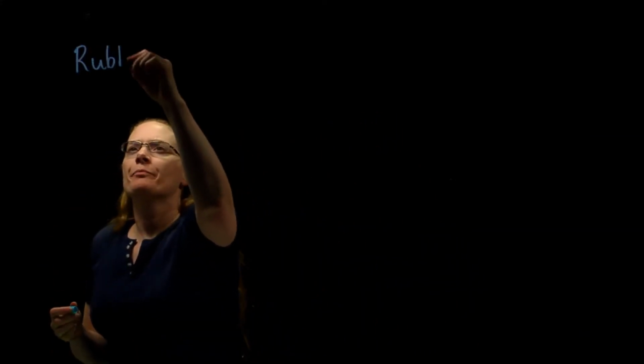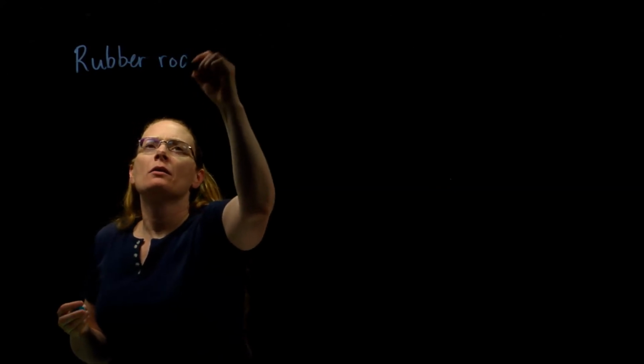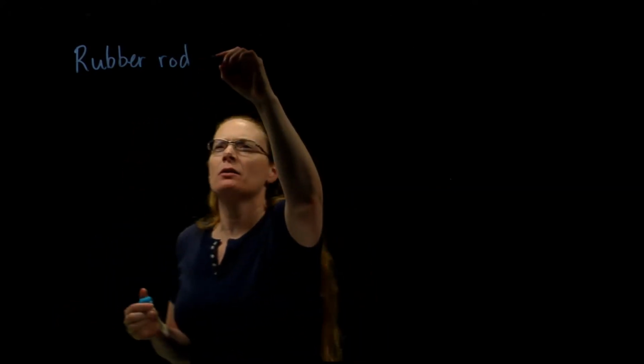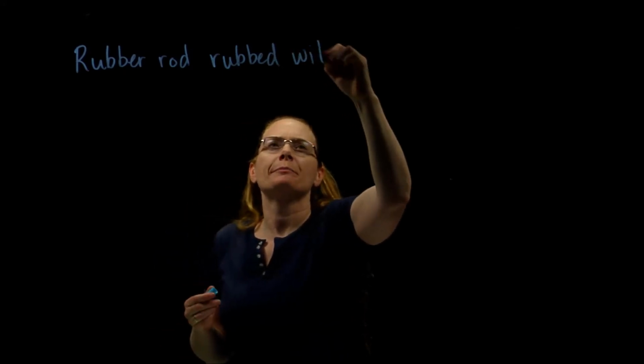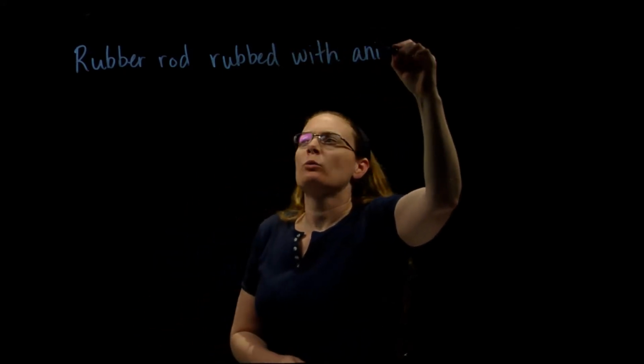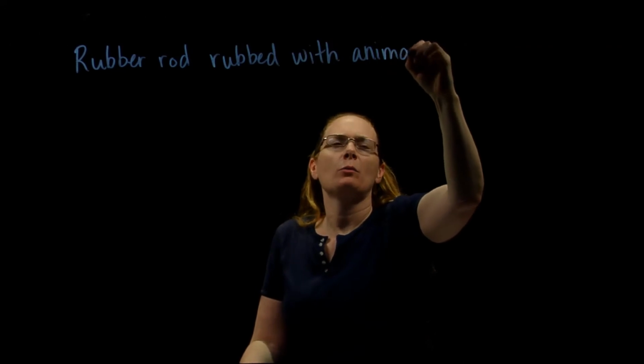Okay, so fourth type of problem. Let's say we have a rubber rod, and I'm going to rub that with animal fur.